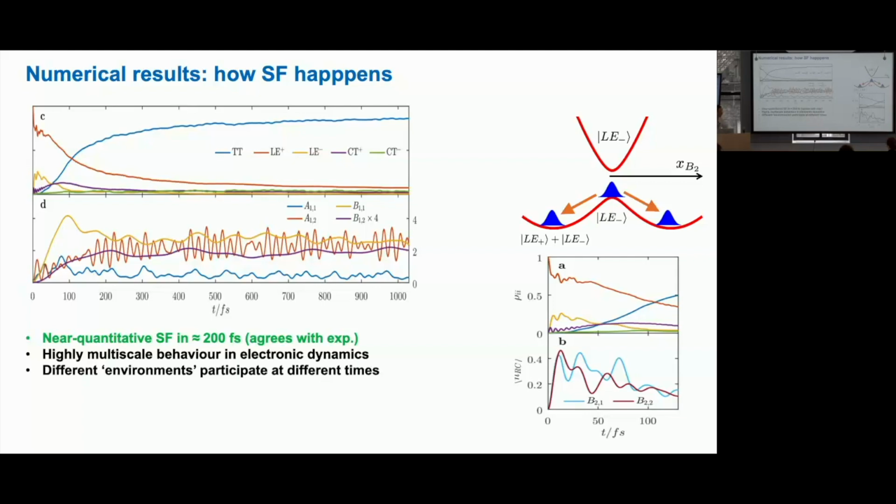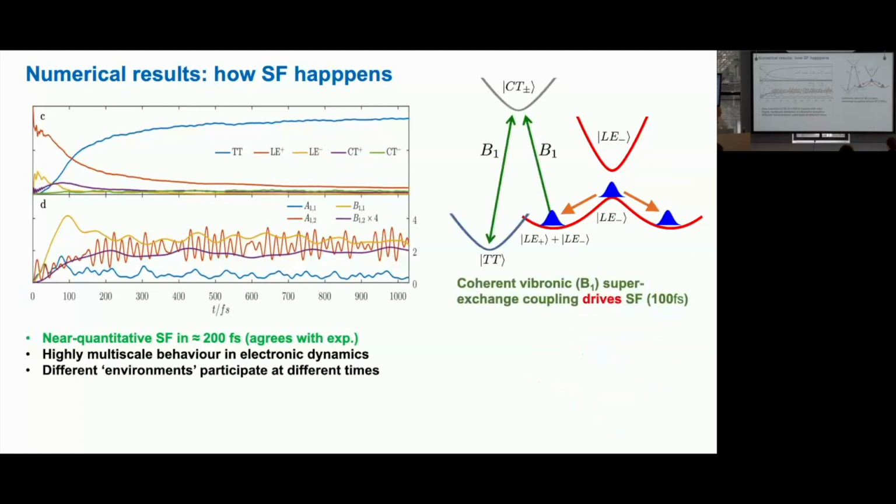What's important about that process is that the LE minus character is coupled by B1 modes to the CT states, and it's the same B1 modes that are coupled down to the TT. The fact that they're the same modes makes it possible for these double couplings to create coherent vibronic superexchange between lower manifolds.